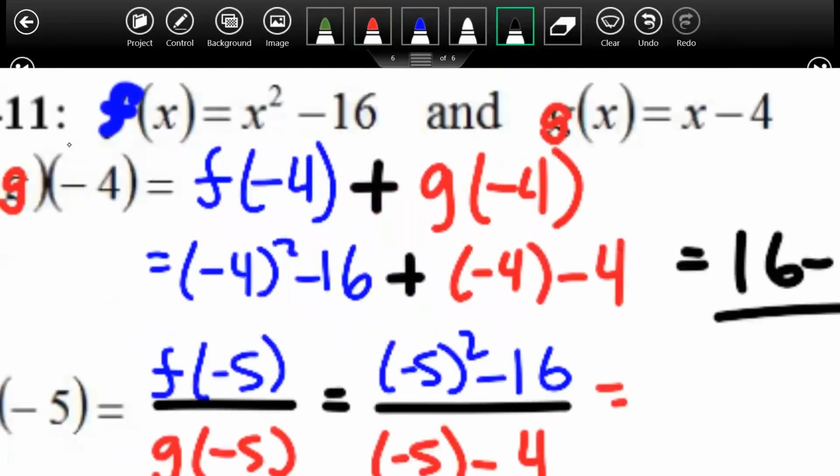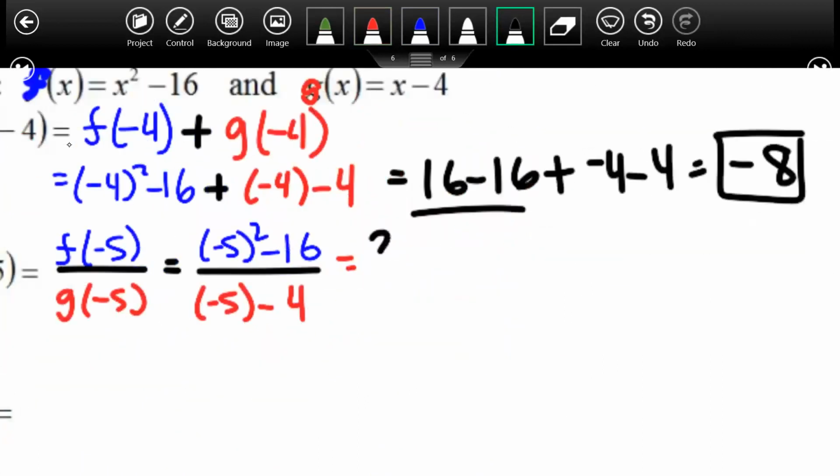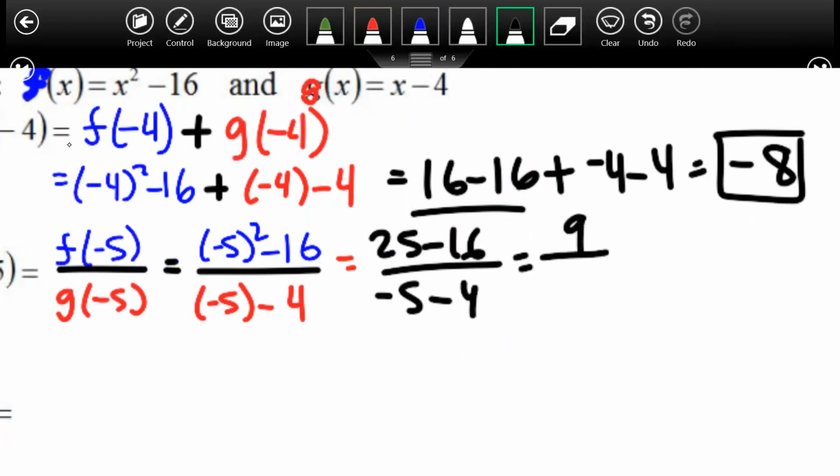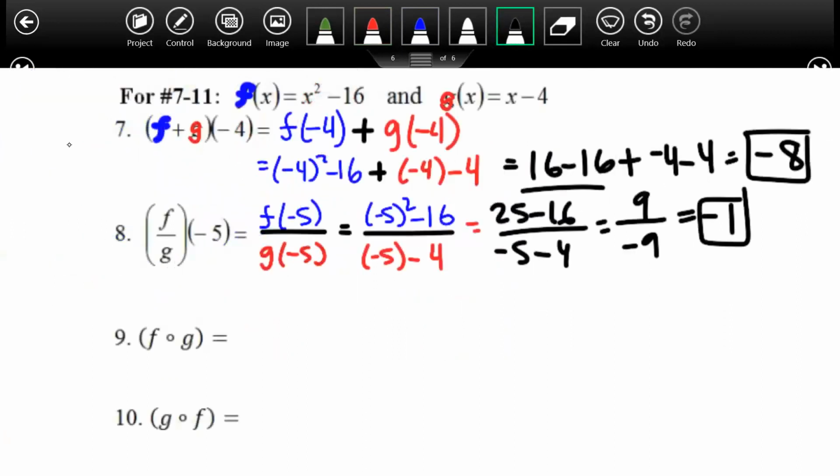Simplifying this out, we're going to get 25 minus 16 over -5 minus 4. This will be 9 over -9, or just -1. Evaluating the functions.